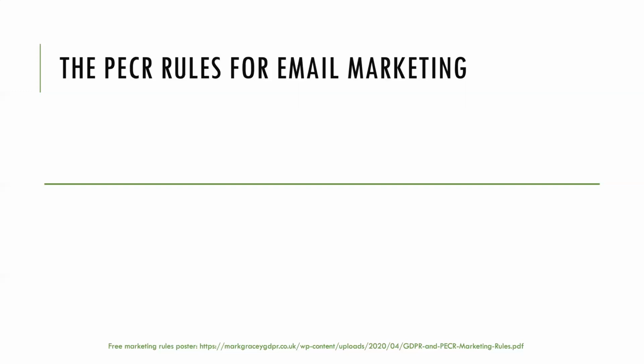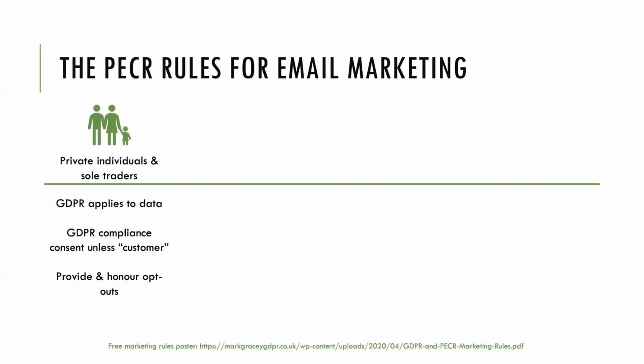So what you can and can't do, when you do or don't need consent, really comes down to who you're targeting and what kind of marketing you're going to be sending. But in terms of the targeting, if you're dealing with private individuals or sole traders, so freelancers, sole traders, private citizens, then I'm afraid you need GDPR level of consent.